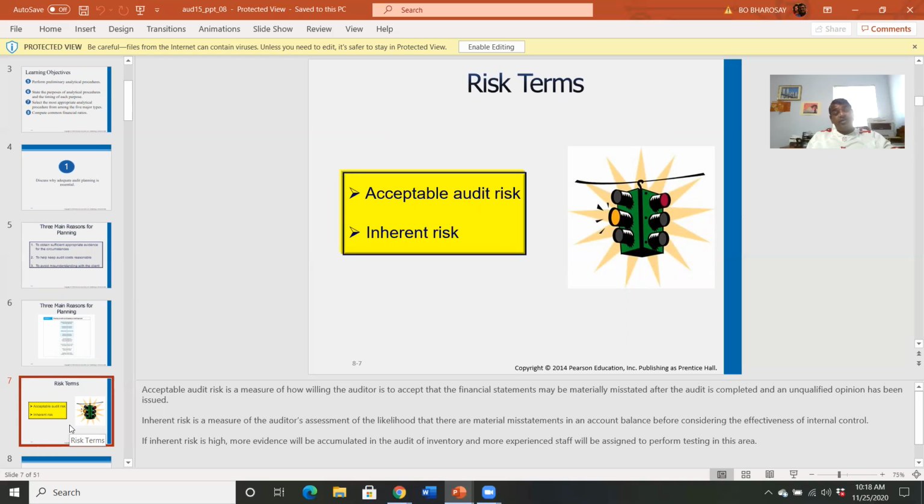Now, that risk can be greater or it can be smaller. Today, we are talking about COVID-19. What are the risks of us being exposed to COVID-19? It would not be zero, but it would be some number.